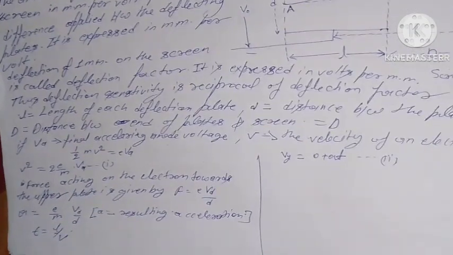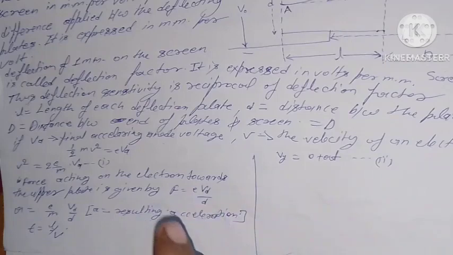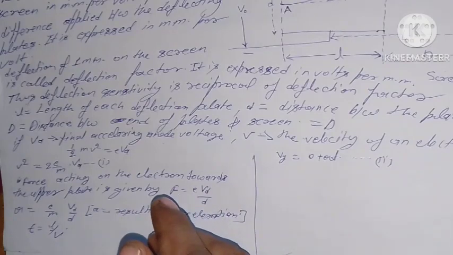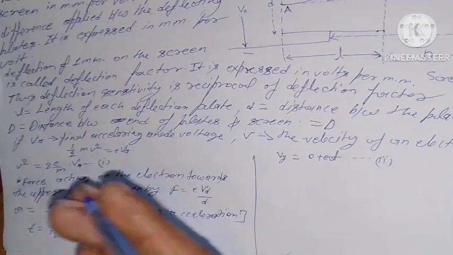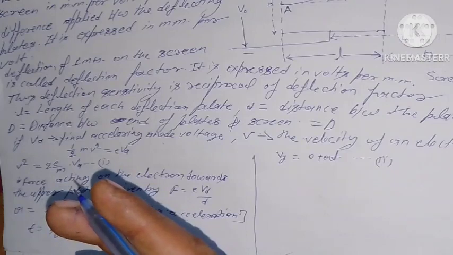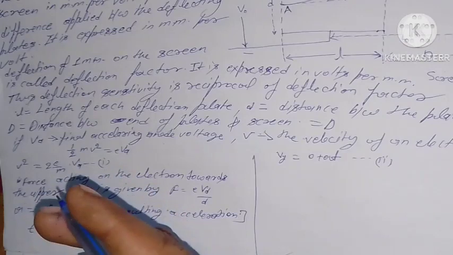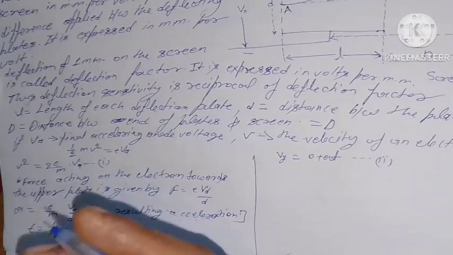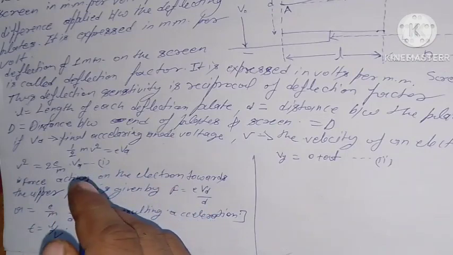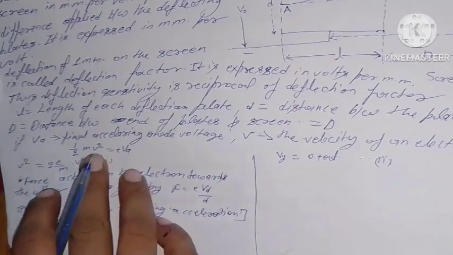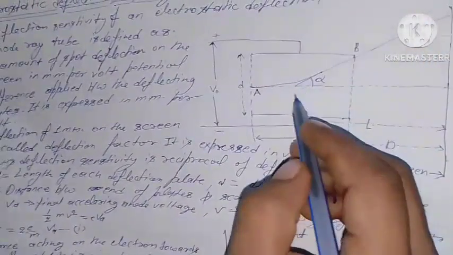Okay, the electron enters the deflection system at A and leaves at B. The path of the electron between A and B is curved.